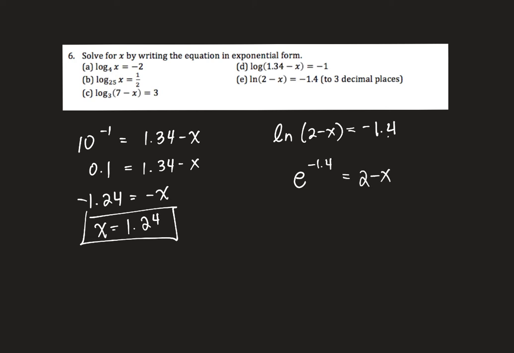Using this in a calculator, e raised to negative 1.4, we have 0.247 is equal to 2 minus x, subtracting 2.